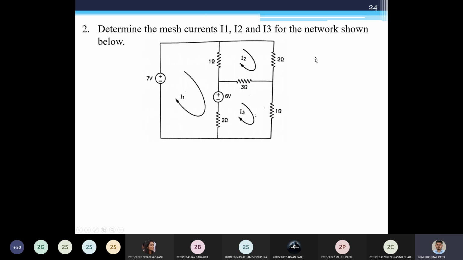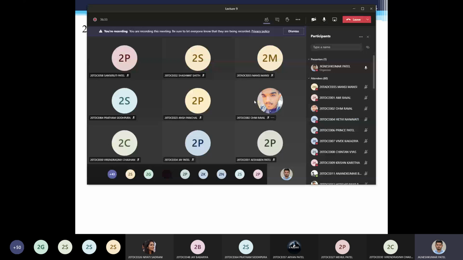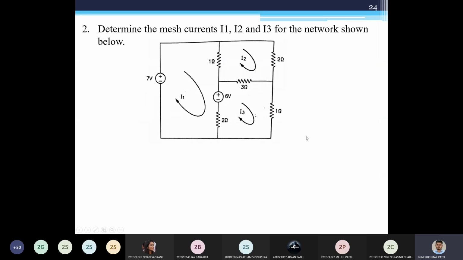If you have any query, you can ask me immediately. Otherwise, you can start solving this example. Keep in mind, here there is one more voltage source available in between the branch.